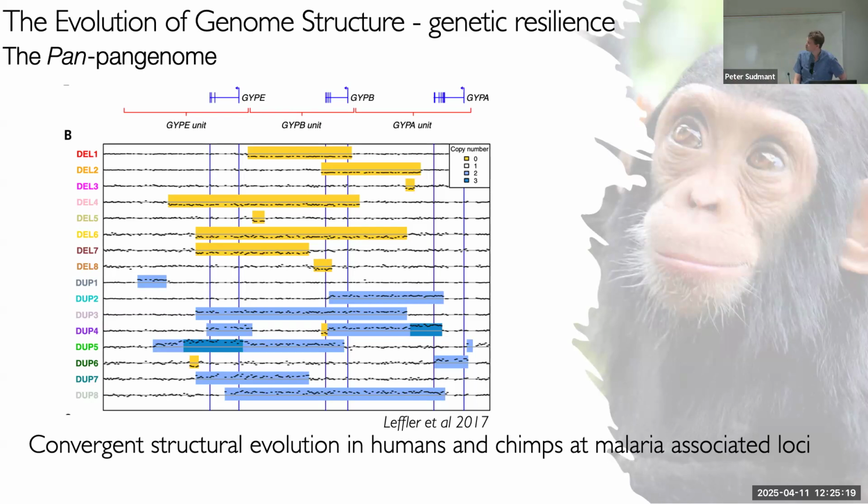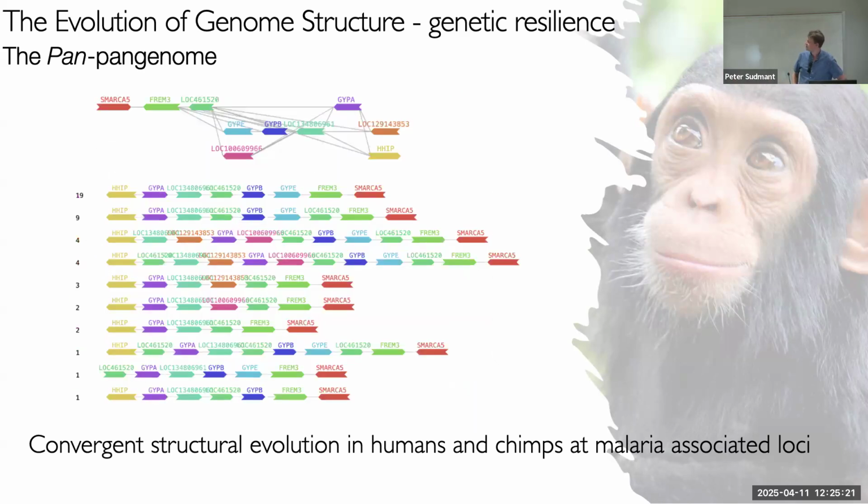And this is what the structures look like in chimpanzees. This is a pangene graph. A pangene graph is a nice, cute way to start looking at a locus fast. Basically, it shows the structure of a locus, but only the genes, and that's the graph on top. We were able to find, I think, 12 different haplotypes in these 30 chimps, this extraordinary haplotype diversity.